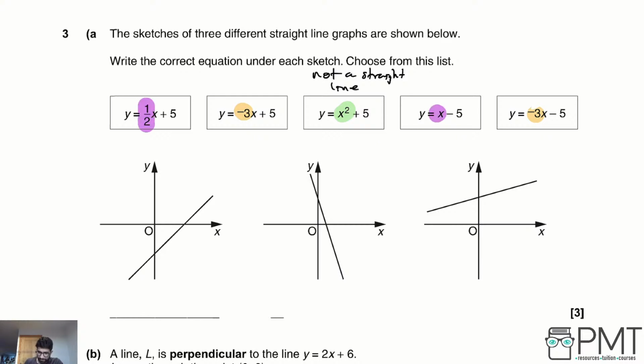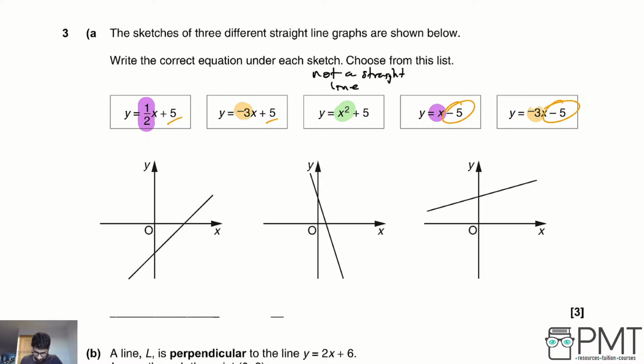This one has a gradient of 1. So 2 positives, 2 negatives, and then in terms of intercepts, we have +5, +5, +5, and then 2 -5s.